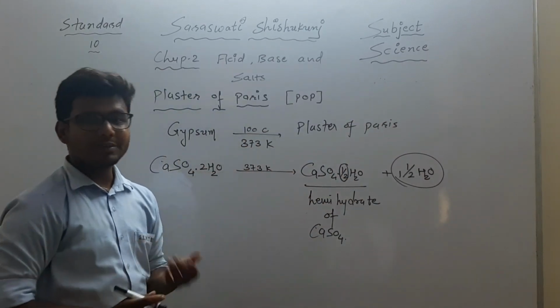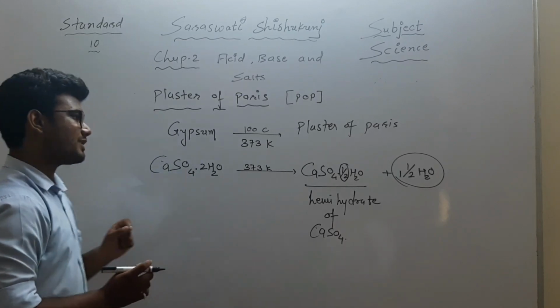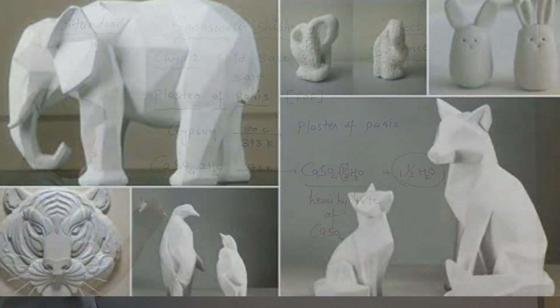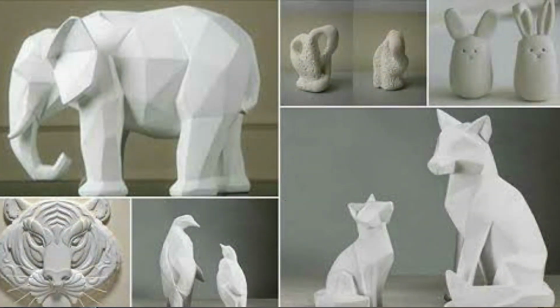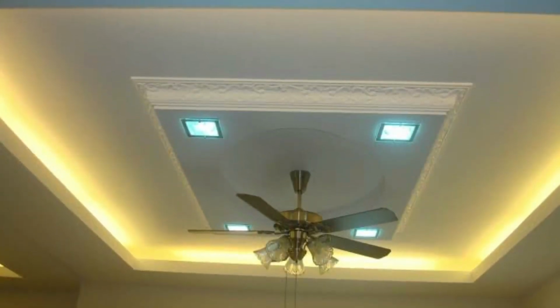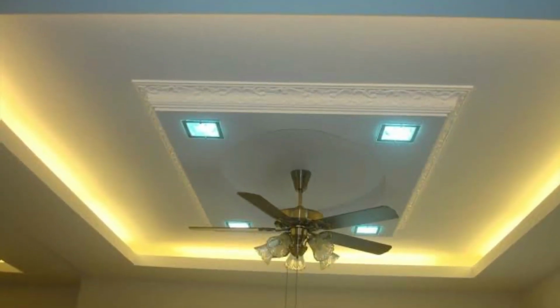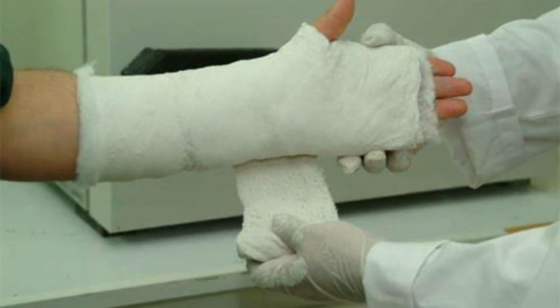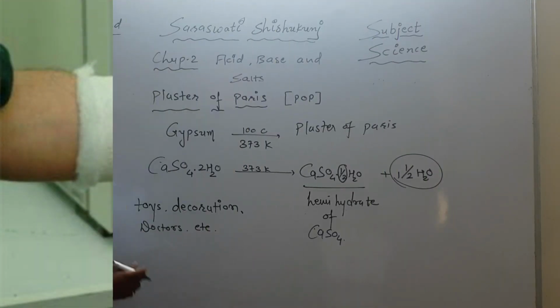Now you all have seen where this plaster of Paris is used. Generally it is used in making toys, in decorations, also it is used by doctors, etc. In many purposes it is used, right?